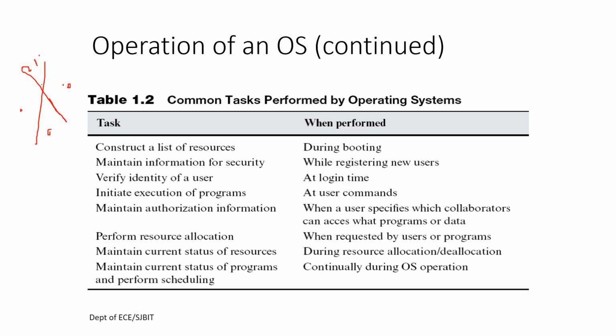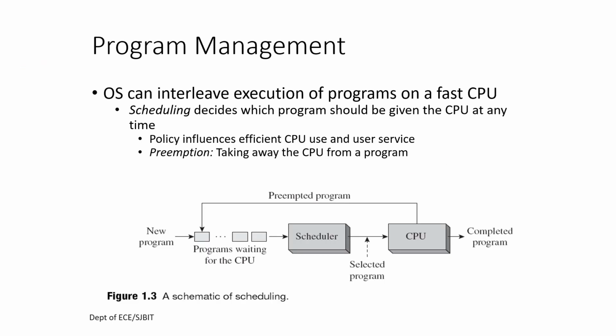Now we'll come to the operations of an operating system. The first one is program management, the second is resource management, and the third is security and protection. Now we are going to talk about program management.